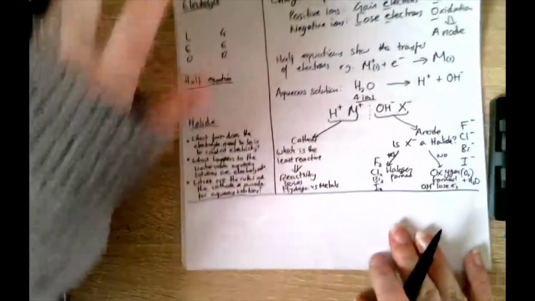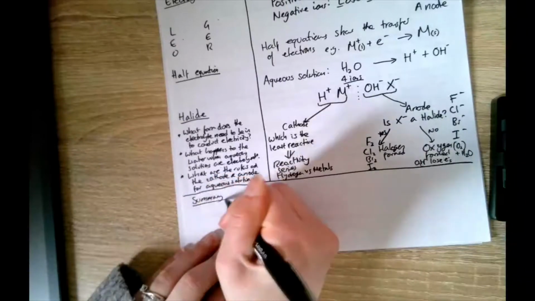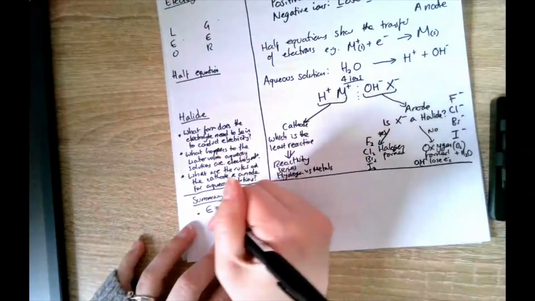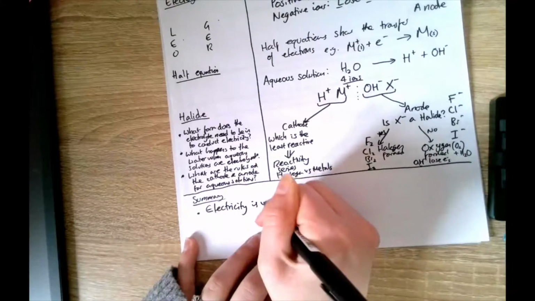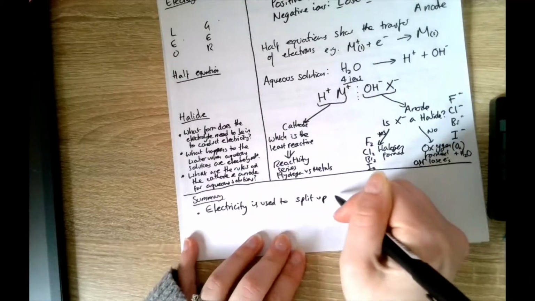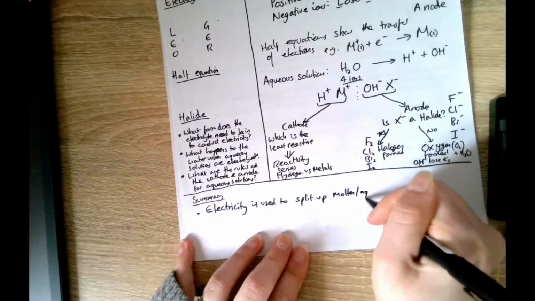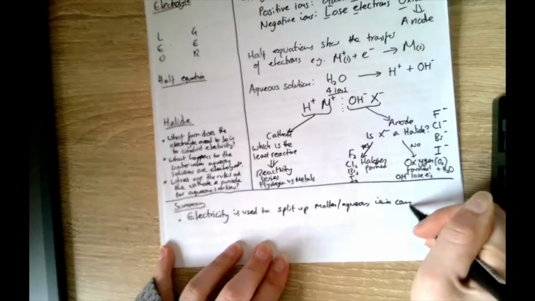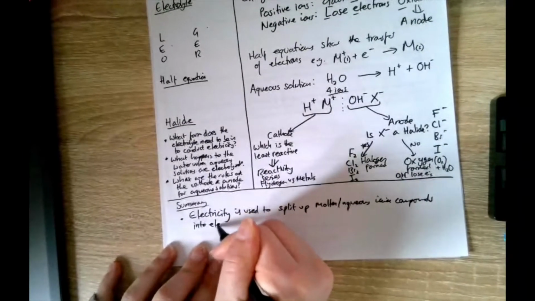And so then we can look at making a summary, so just a few bullet points summarising what we have talked about. So the first one, referring to that definition, electricity is used to split up molten or aqueous ionic compounds into elements.